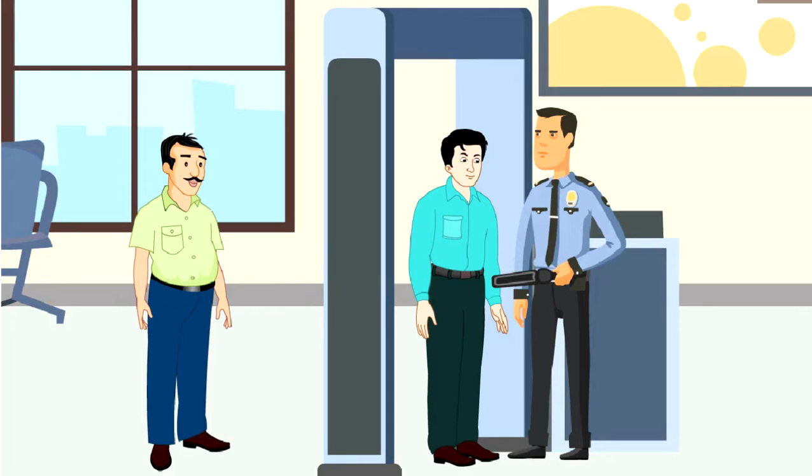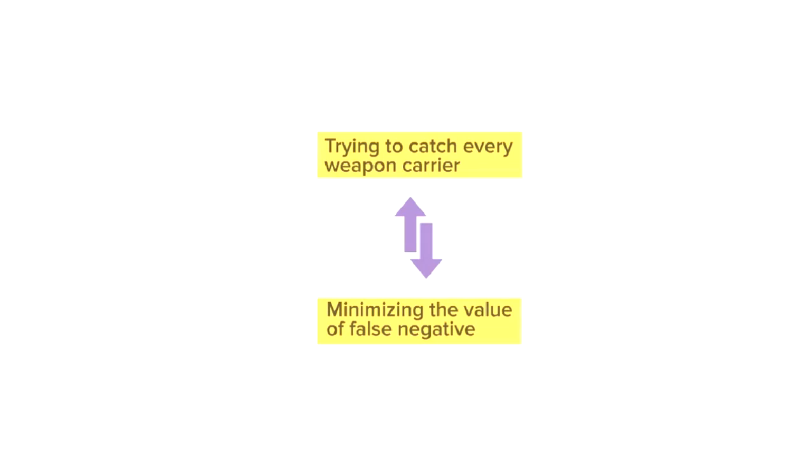In order to catch every person who is carrying a weapon, the security guard will check any person for whom the metal detector beeps, irrespective of whether the person is innocent or not. In other words, it is more important to catch the weapon carrier as compared to avoiding an innocent person being checked. If we look at the definition of recall, trying to catch every weapon carrier is analogous to minimizing the value of false negative.